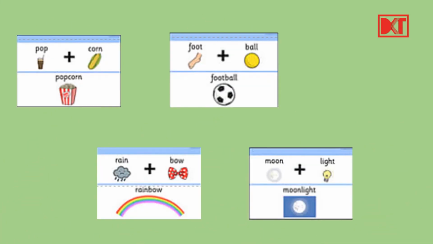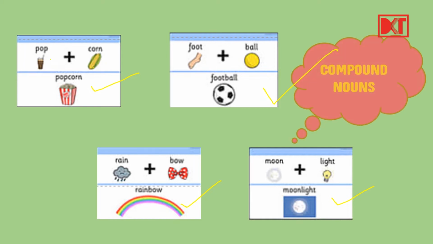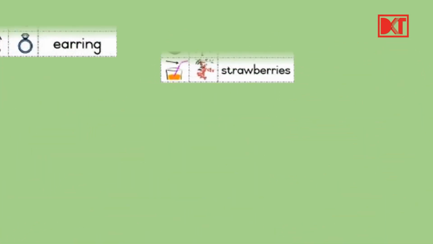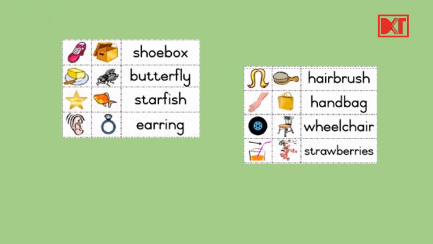We have a few more examples like pop plus corn makes popcorn, foot and ball makes a football, rain and bow makes a rainbow, moon and light makes a moonlight. Alright? These are also compound nouns. Now here again, I have given a few examples for you to understand better.